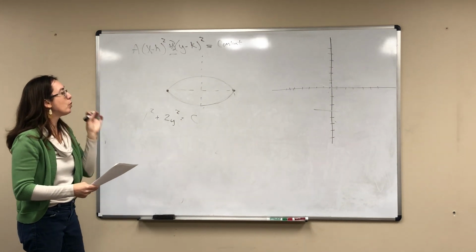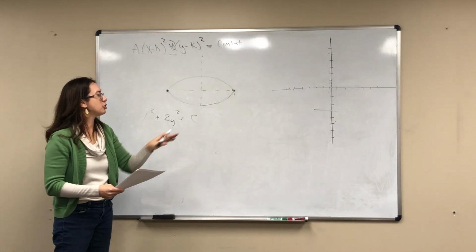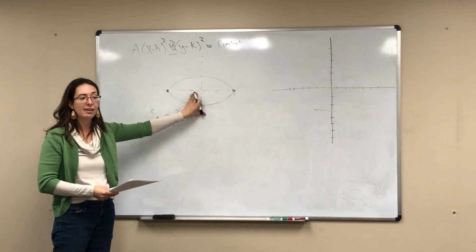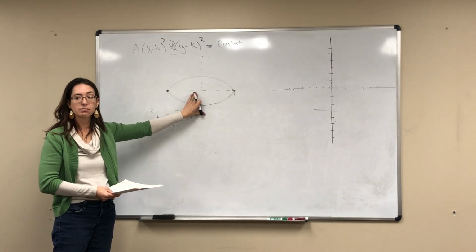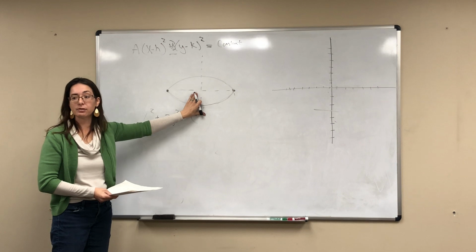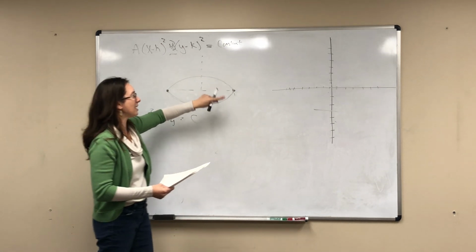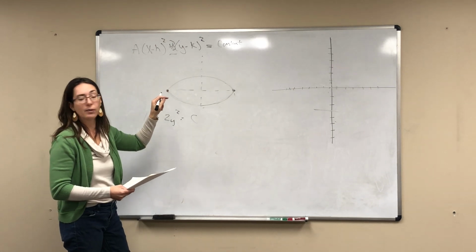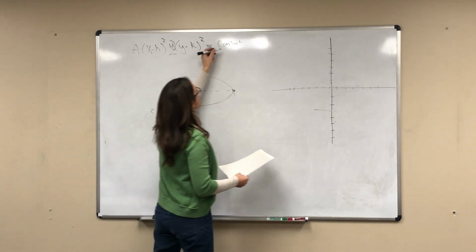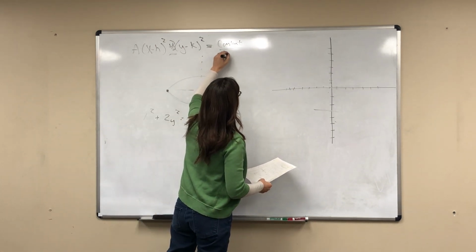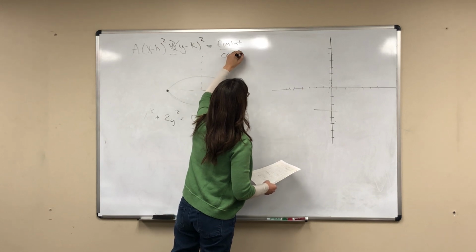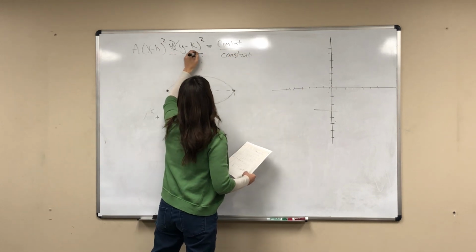Now, for an ellipse, we're going to have to change that because do we technically have a radius? No, we don't have a radius. So the problem becomes if we try to put a radius, it's not the same all the way around. So what we're going to do is divide. Remember our math rules?